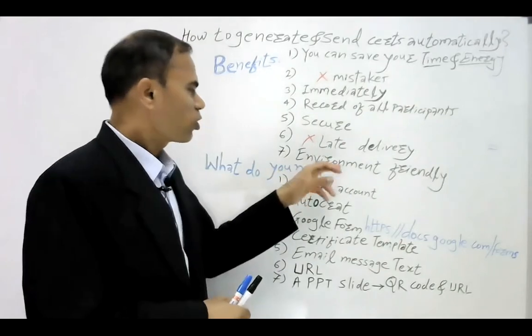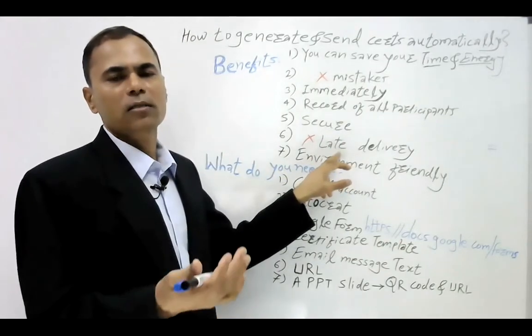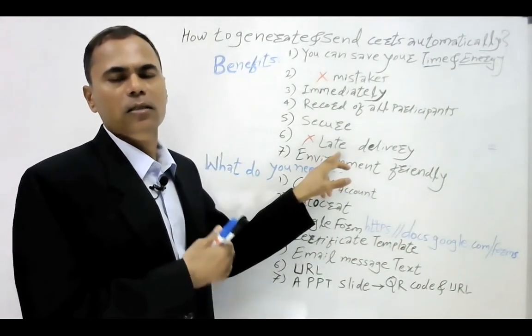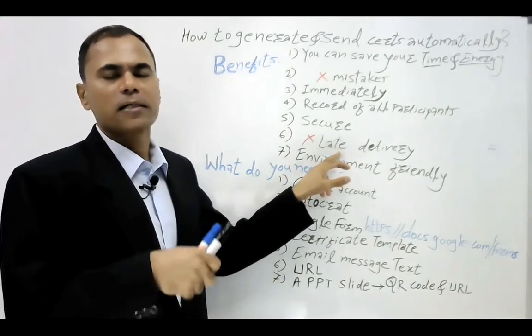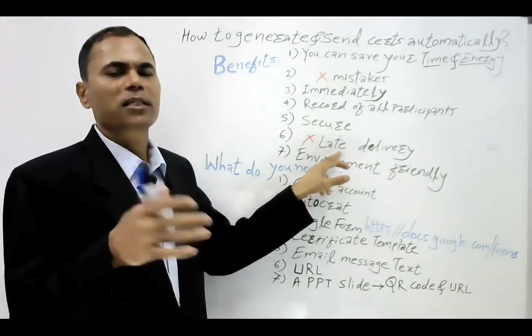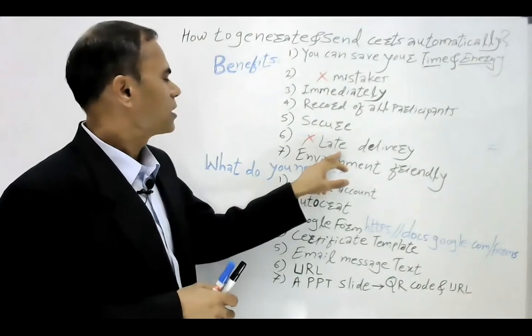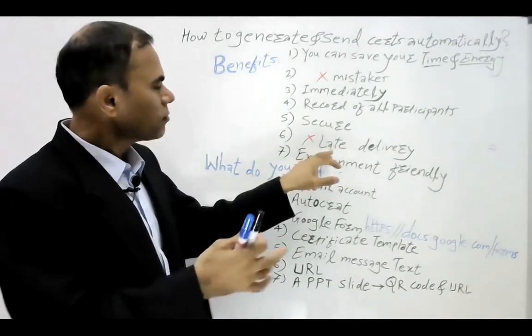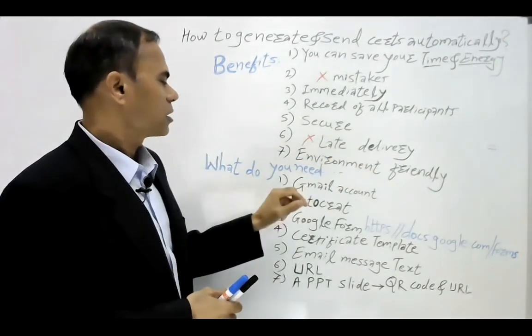So on top of that, there is no risk of the late delivery because certificate will be generated instantly and it will be sent by the email. So there is no delay in delivery of the certificate.